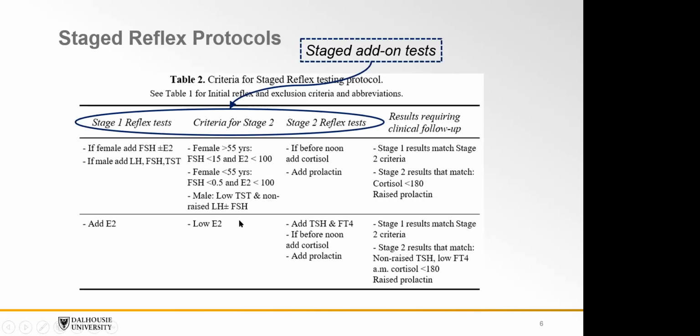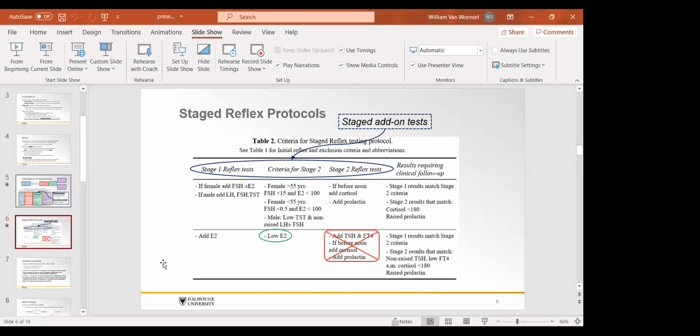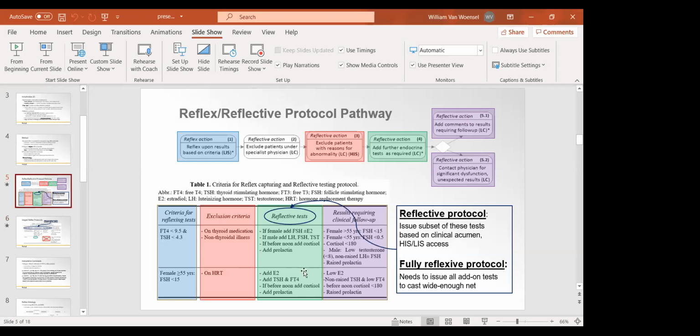So here in the second row, for instance, you see the stage 1 here, we add estradiol as an add-on test onto the initial patient sample. So before, we needed to add 4 tests onto it, right? Right, so as you see here in the second row, third column, we needed a bunch of tests.